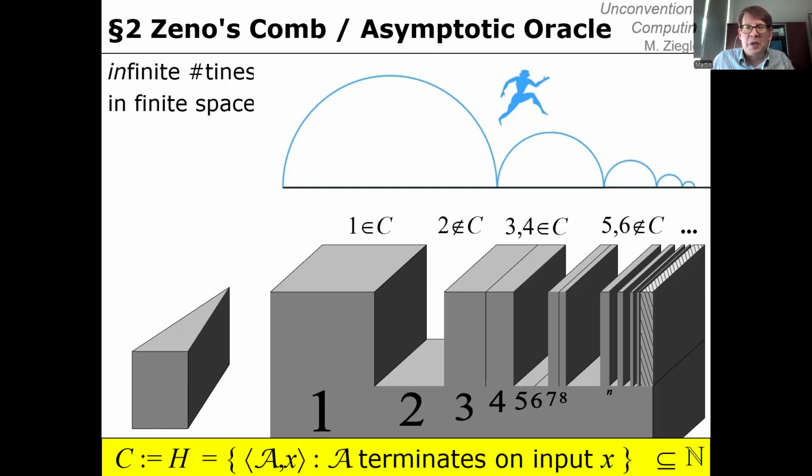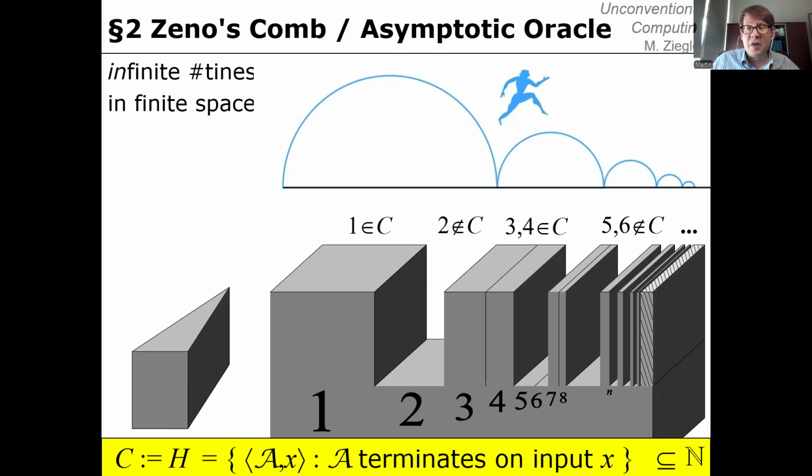But the problem with making this into a practical, powerful computer is a different one, maybe how to create such a Zeno's comb. If we get such a Zeno comb that contains all the answers to the halting problem up to, let's say, n equal 2 to the 20 or 2 to the 30, which is certainly possible with the atomic length, right?